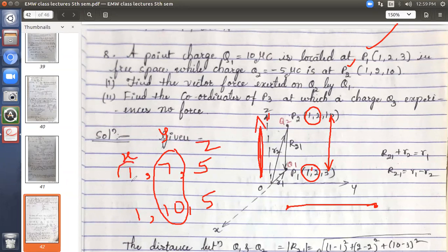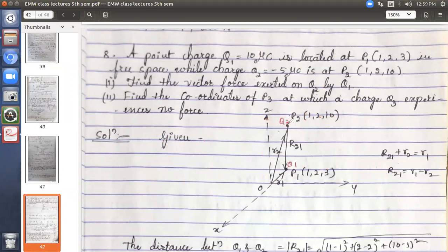Suppose if x has changed, I might have used it in this way. Okay, so why have I used this vertical line to show the existence of charges Q1 and Q2 in space? Because the only position change is in z direction, vertical. Here in the three-dimensional coordinate system, z I have taken like this. So just to show that, I have kept it like that.